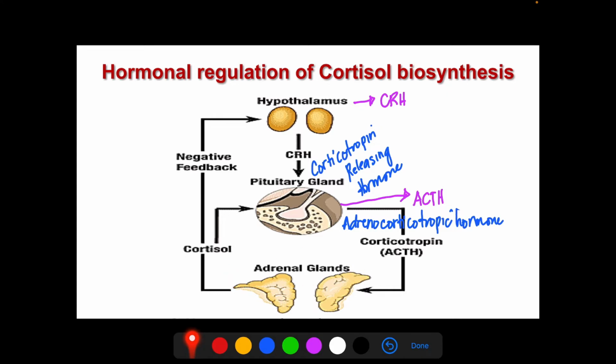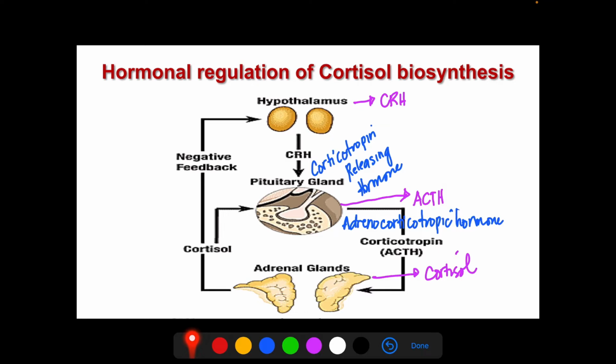The adrenal glands, particularly the adrenal cortex, and to be specific, the zona fasciculata, is the one that produces your cortisol. So again, the hypothalamus releases the CRH, the pituitary gland releases the ACTH, and the adrenal gland produces your cortisol.